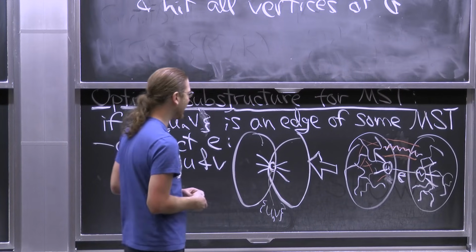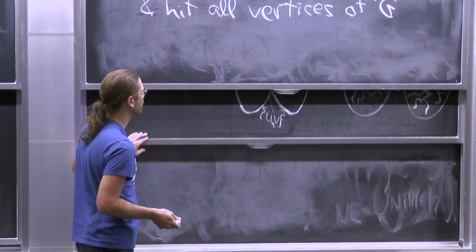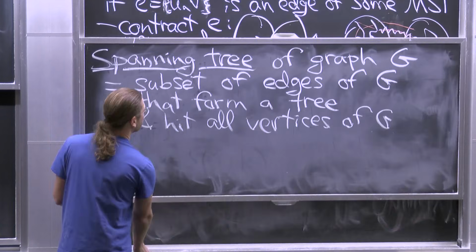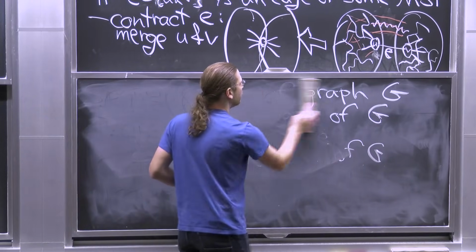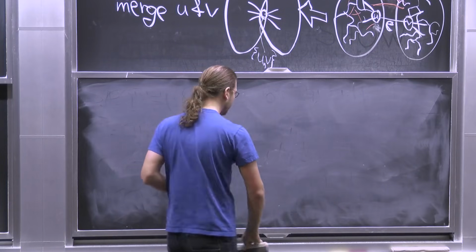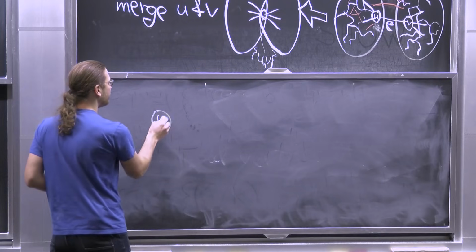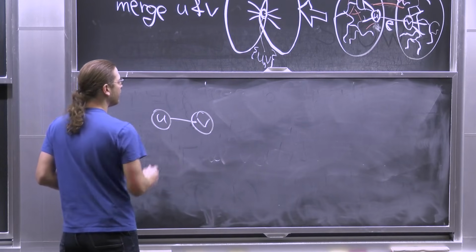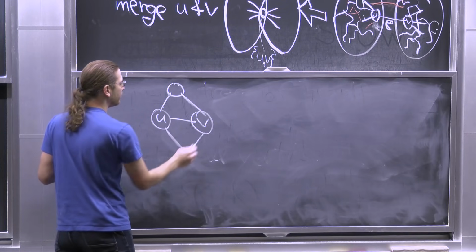And one other thing can happen. Let me go over here. We could end up with duplicate edges by this process. So for example, suppose we have U and V, and they have a common neighbor. Might have many common neighbors. Who knows?